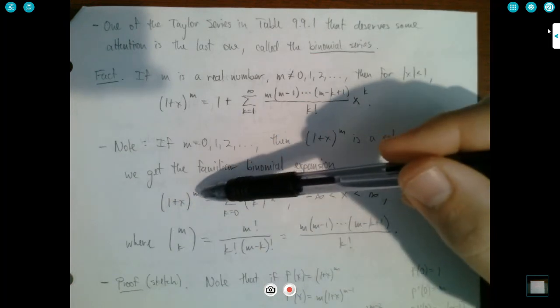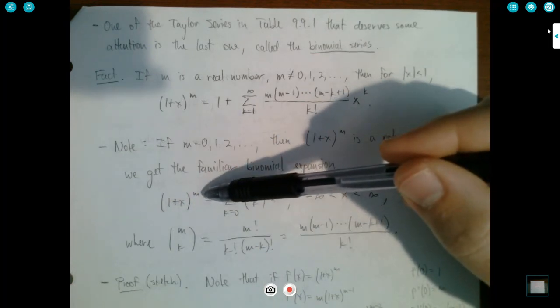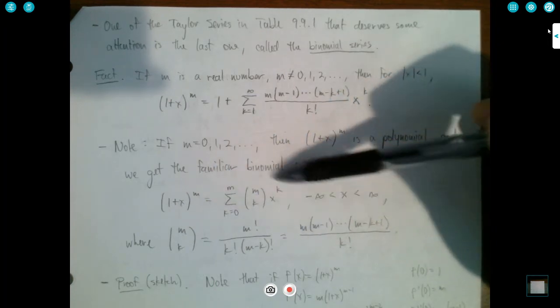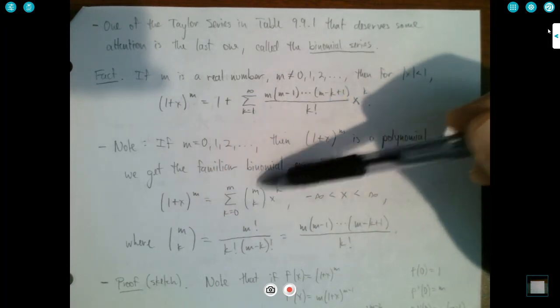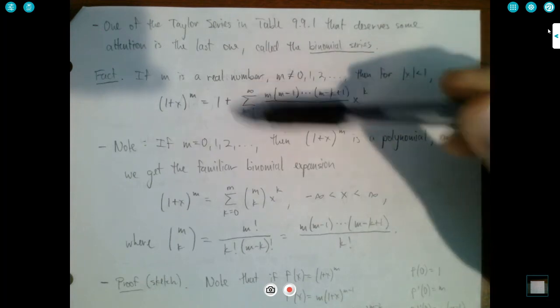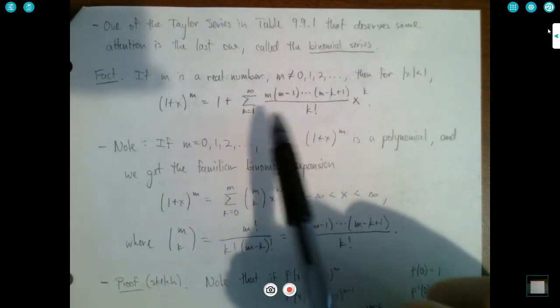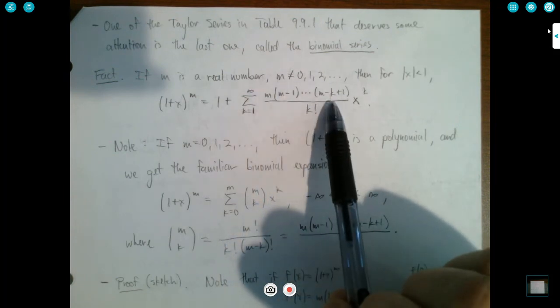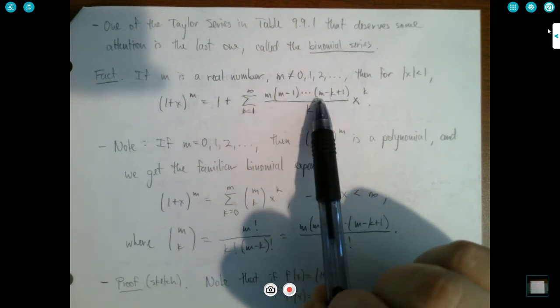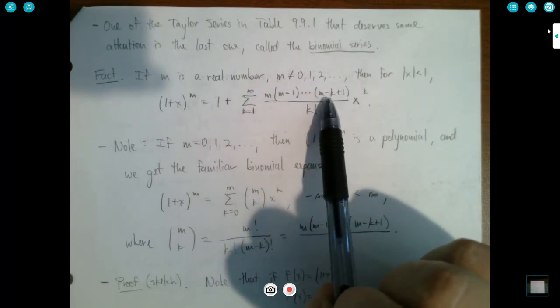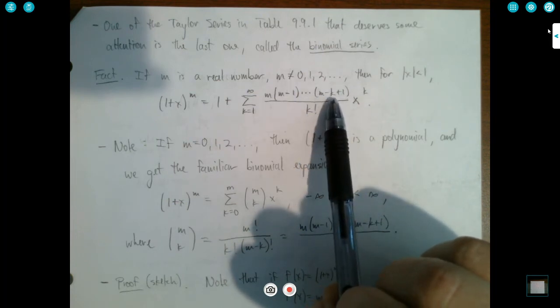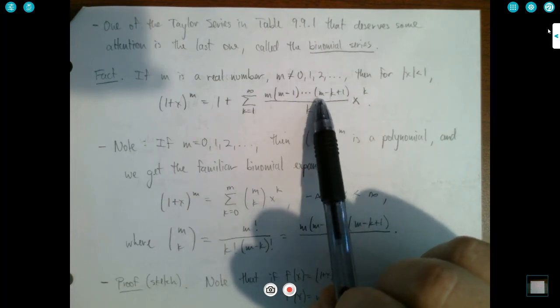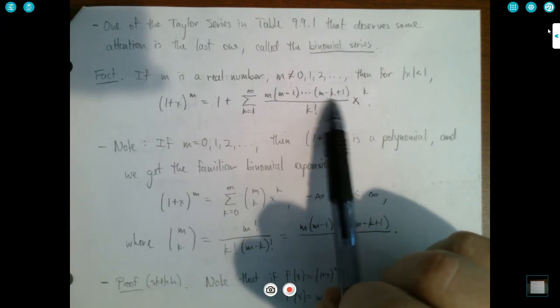So if m is just a positive whole number, then you don't have to go all the way out to infinity. Although this formula would still work, because for any value of m, let's say that m is 3 and k is 4, then m minus k plus 1 would be 3 minus 4 plus 1, which is 0.